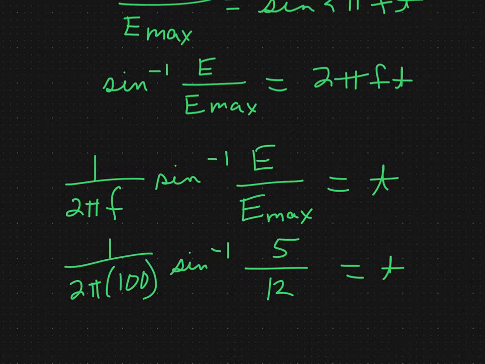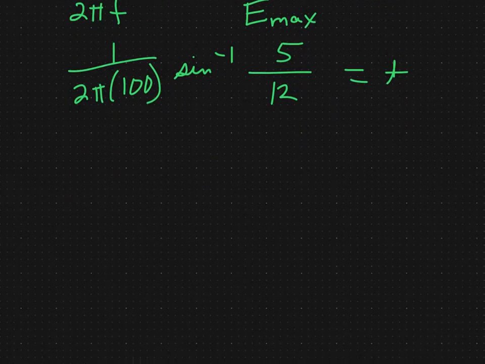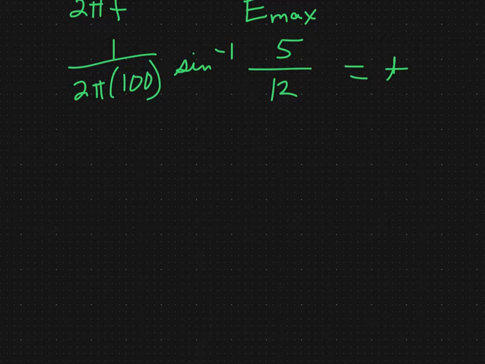Okay, now let's see what we can do with that. Looks like I need to be in radians here. We're talking about pi's. So I'll make sure my calculator's in radians, and it is.